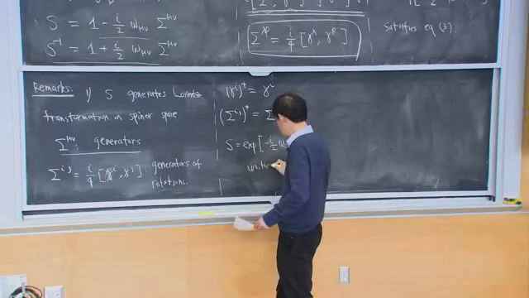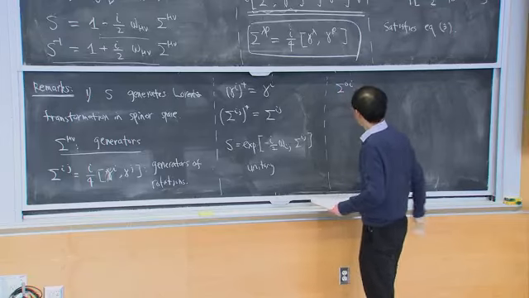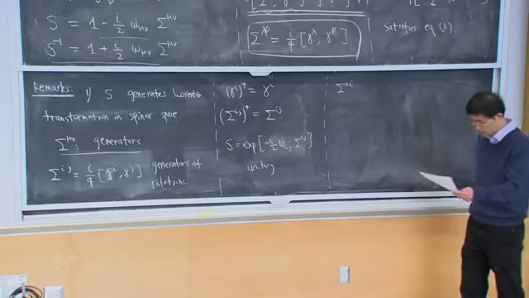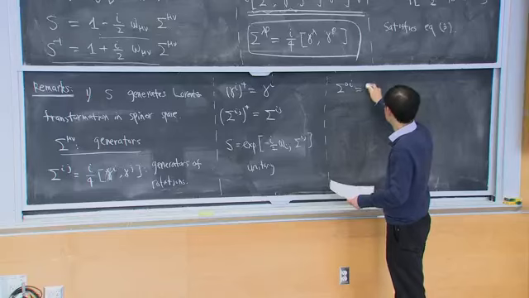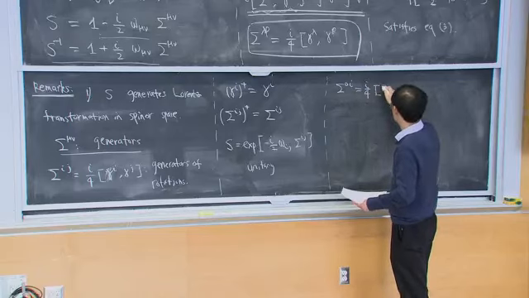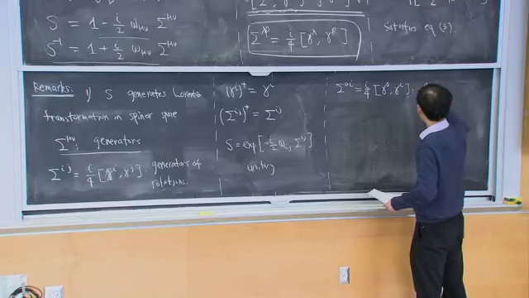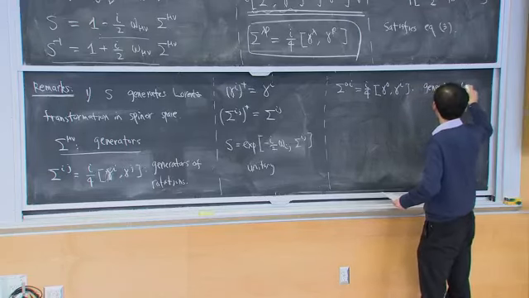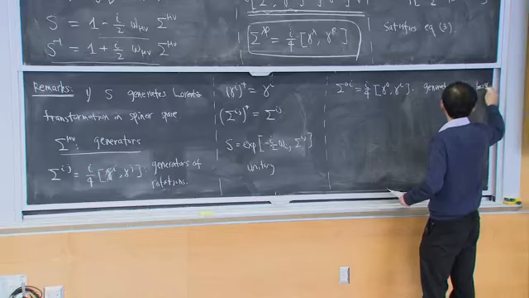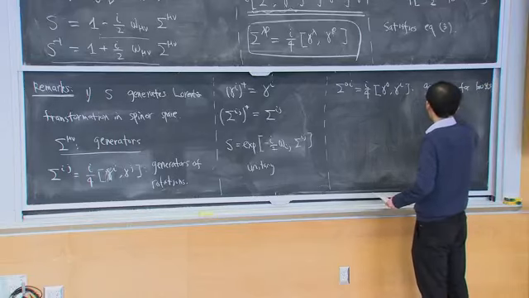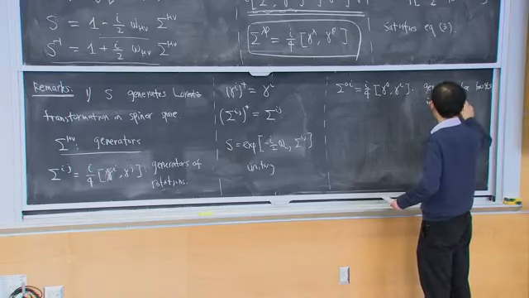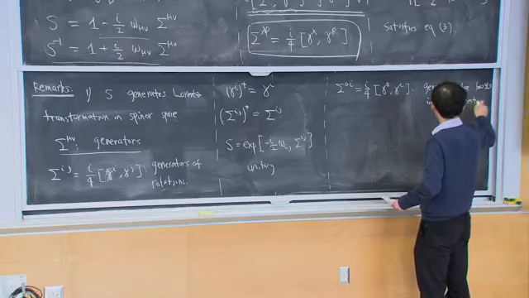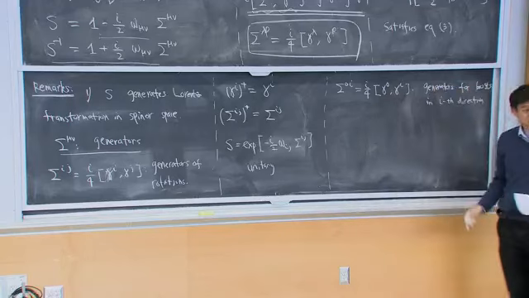Now let's consider sigma 0i, which corresponds to the generator for boosts. It has the form gamma 0 gamma i. So this is the generator for boosts in the i direction, in the spinor space.